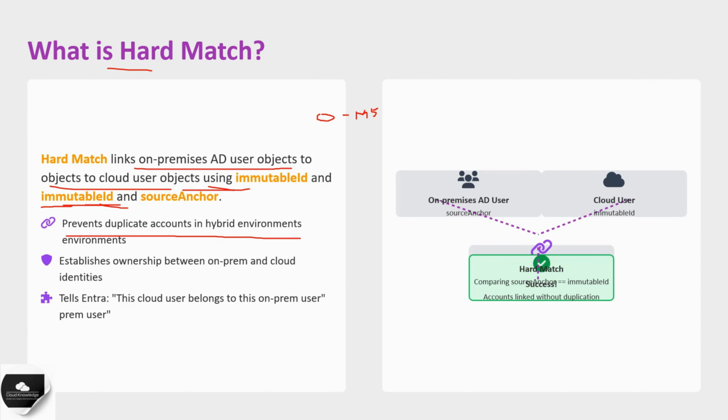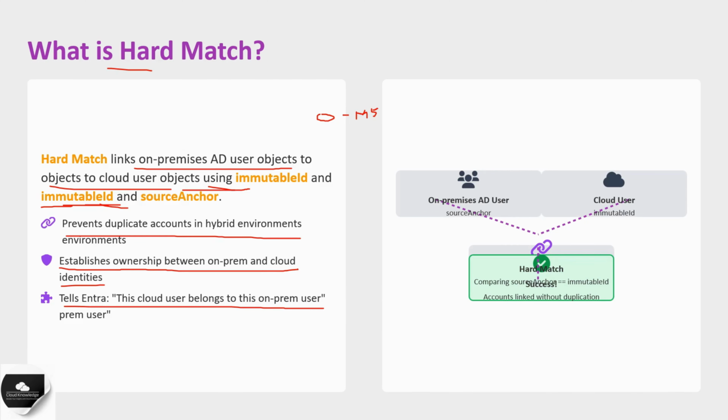Moving forward, it establishes ownership between on-premises and cloud identities. The hard match will share the immutable ID between our on-premises and cloud entities, telling Entra that this cloud user belongs to the on-prem user.